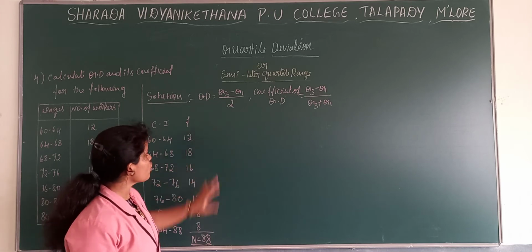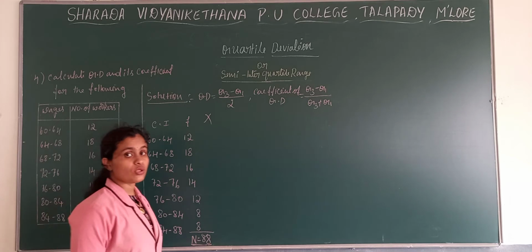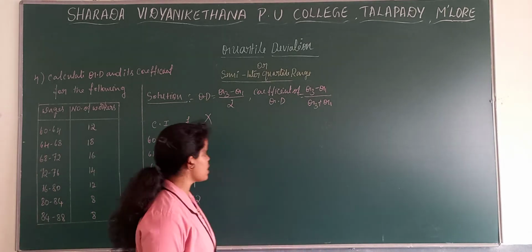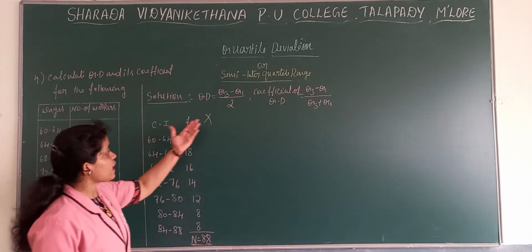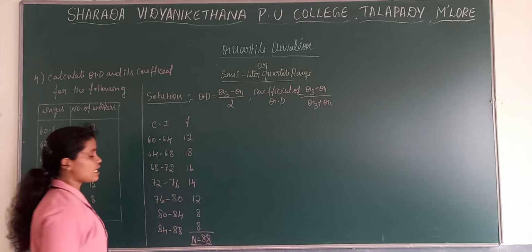Now we need to find the less than cumulative frequencies. See here, we are not finding X values. We find X values only in case of arithmetic mean, because there we multiply F into X. Here X values are not necessary even though it is a continuous series.